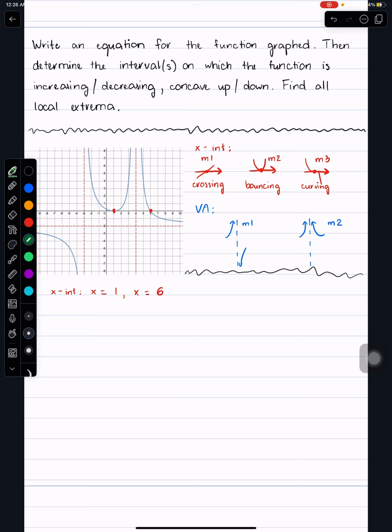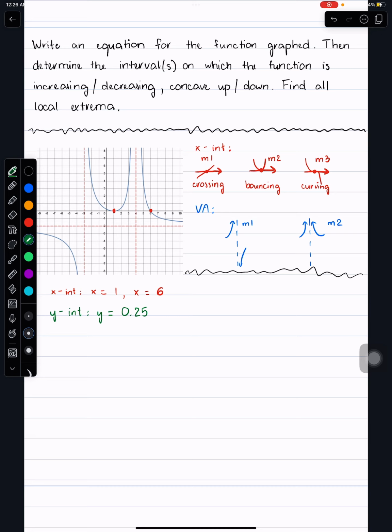And then the second type of intercept is the y-intercept. For this problem, the y-intercept is y equals a fourth, or 0.25. This one is a perfect decimal, that's why I put it as a decimal.